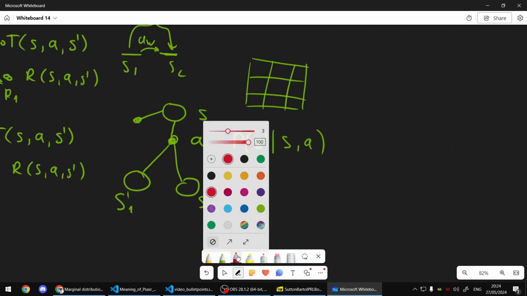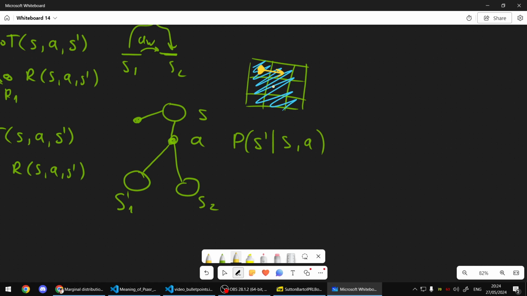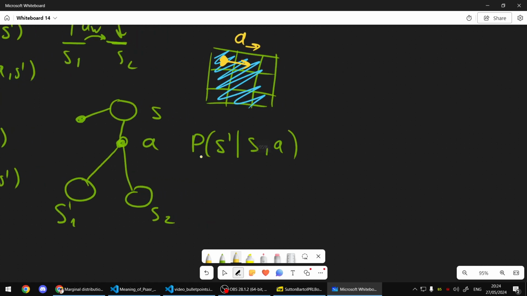Since it's frozen, if your agent who's standing on some patch decides to move to a neighboring tile, say using action A right, then the system will decide whether you will end up in your right neighbor.